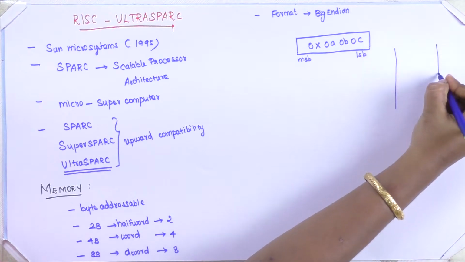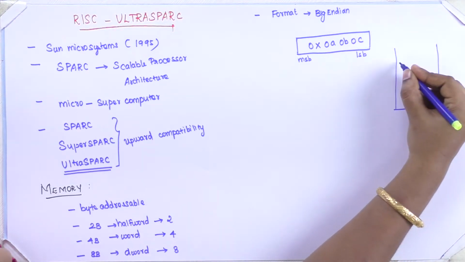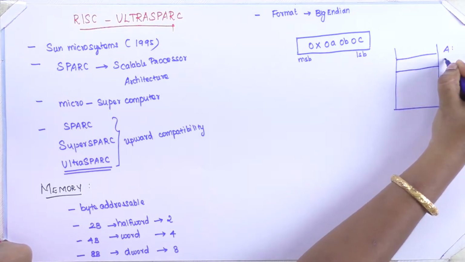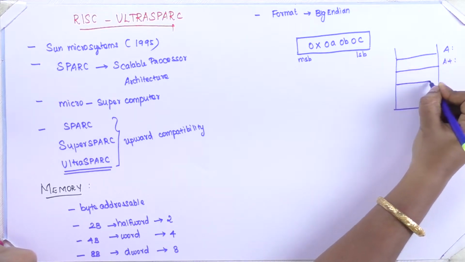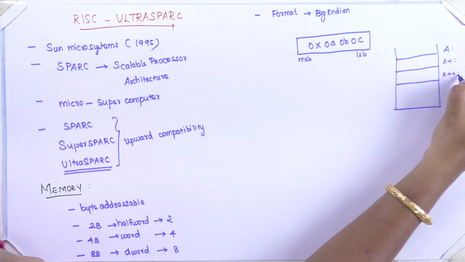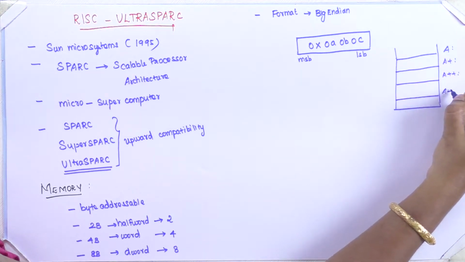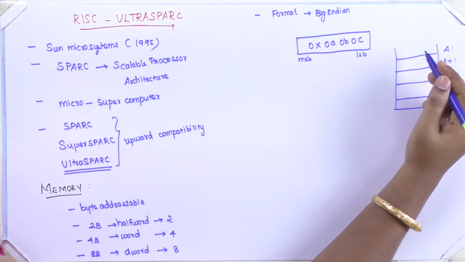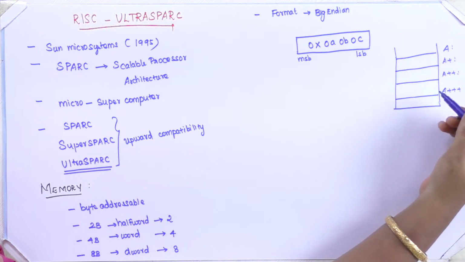If this is our memory, this is the starting address A, this is A plus 1, this is A plus 2, and this is A plus 3. Likewise, I have increased the memory from the lowest address to the higher address.